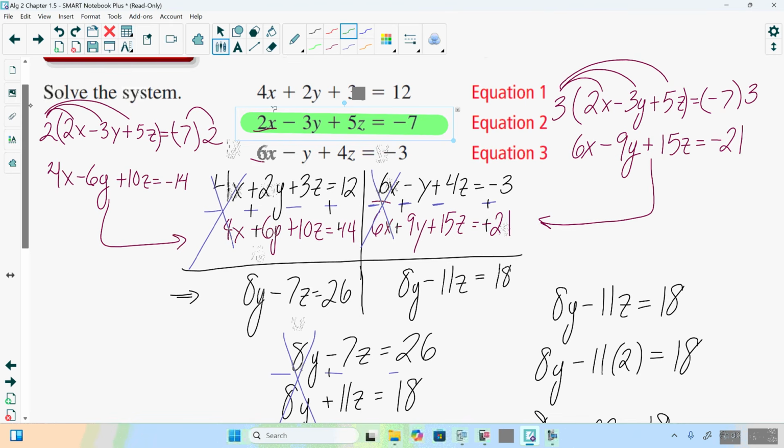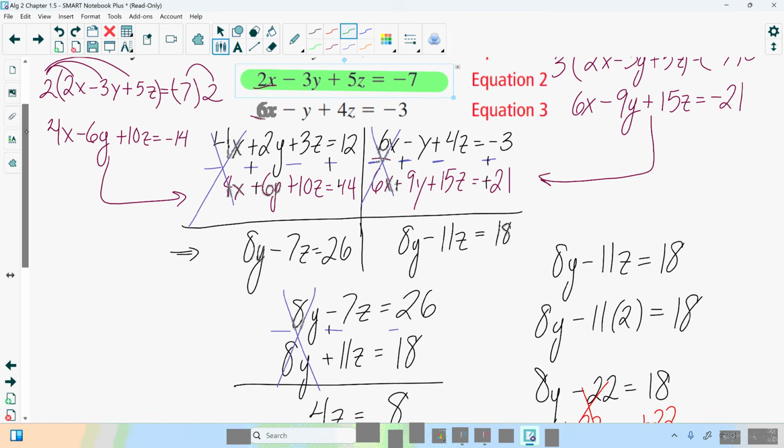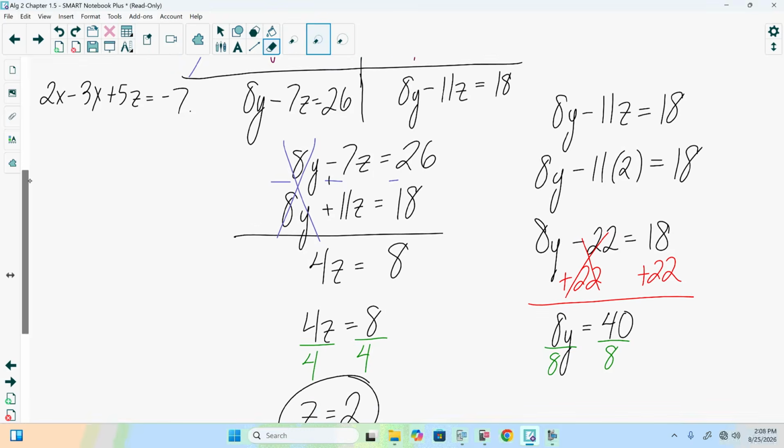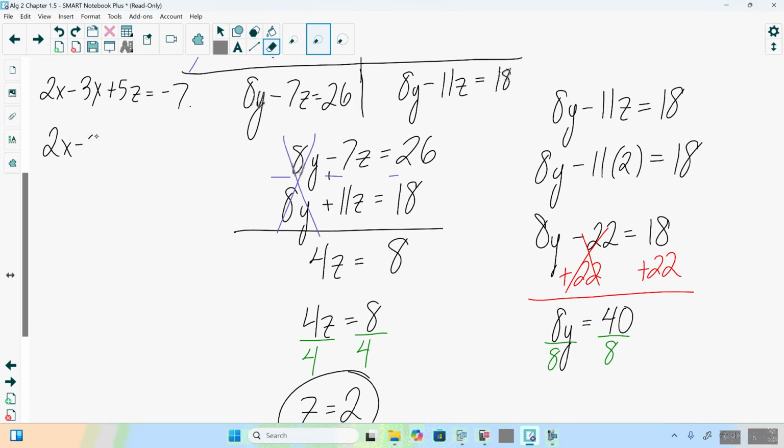We good? You ready to solve for z? Or not z, x. 1, 2, or 3? Which one do we want to use? 2. 2x minus 3y plus 5z equals negative 7. Plugging in y and z into this here.